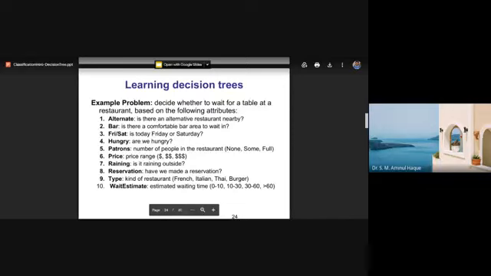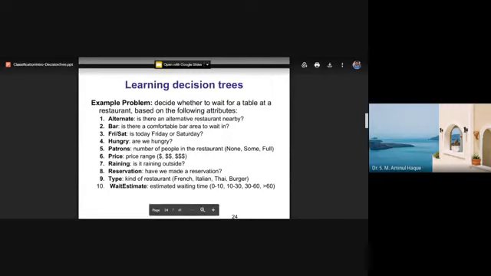So you have some attributes, like alternate: is there an alternate restaurant nearby? You're asking yes or no. Bar: is there a comfortable bar area to wait in? Friday, Saturday: is today Friday or Saturday? Because when it is Friday or Saturday, there is a very limited chance for a table to get free.